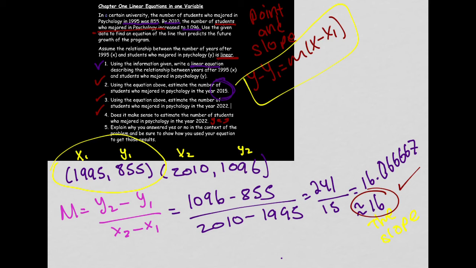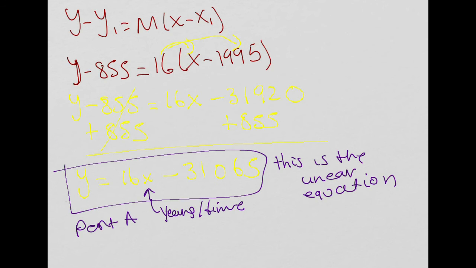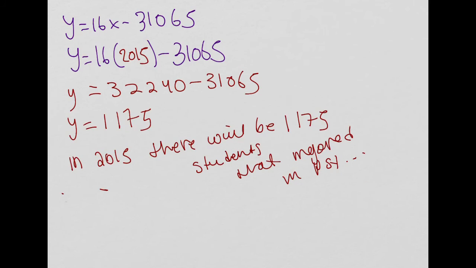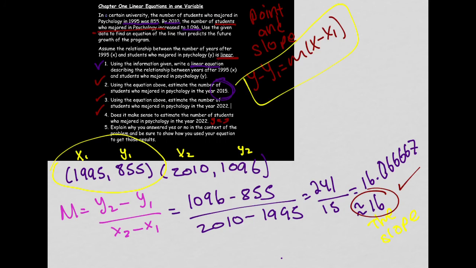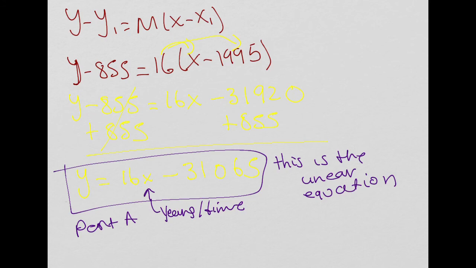And then last part, explain why you answered yes or no in the context of the problem. Be sure to show how you use your equation to get those results. All right, let's label. This was part 1. Let's put 1 so it's not confusing for you. Part 1.